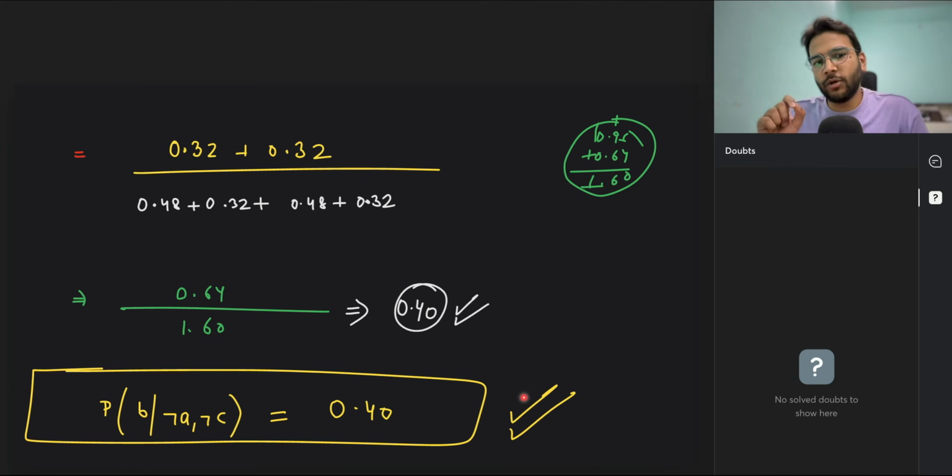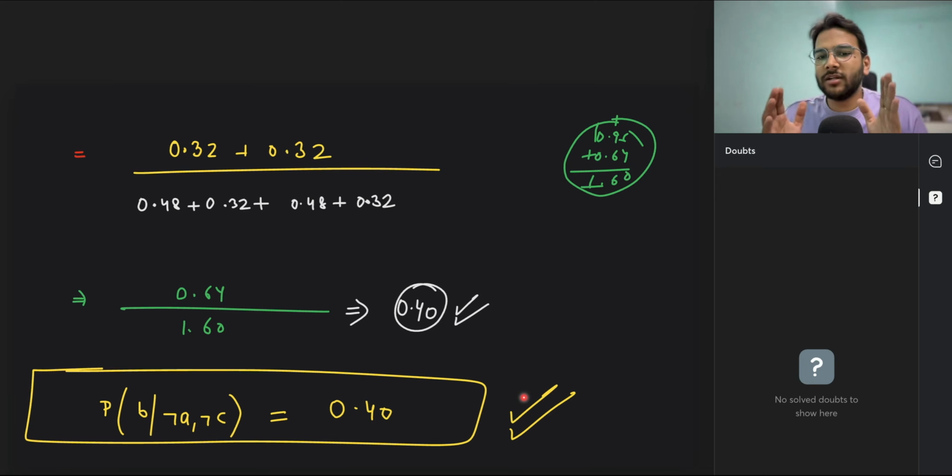Because not of A, not of C is the same, right? The evidence is the same, given. This is the basic thing we have already talked about a lot of times. If the evidence is fixed, you are basically normalizing it, right? Normalizing means the total will be 1 only. You are finding the approximate probability, but overall you are normalizing it.